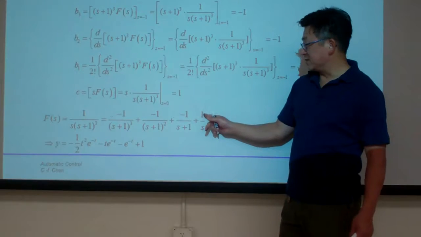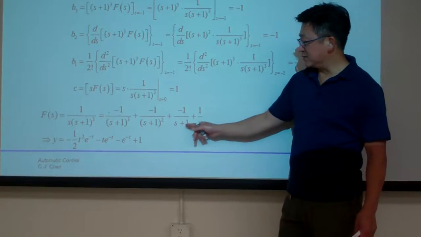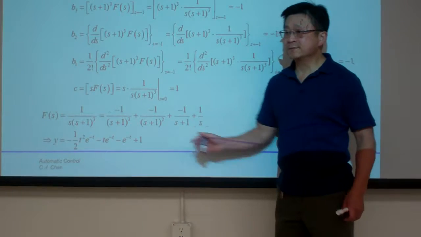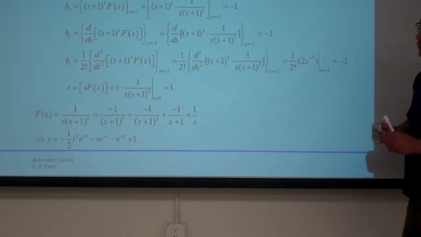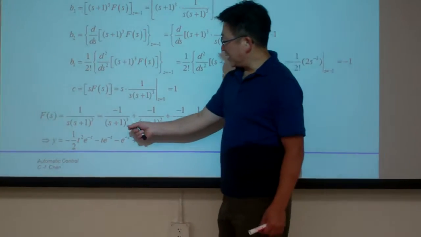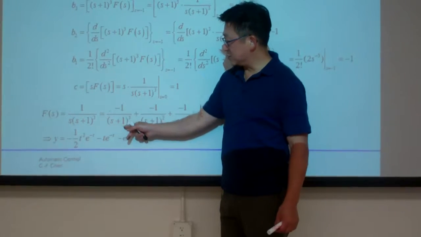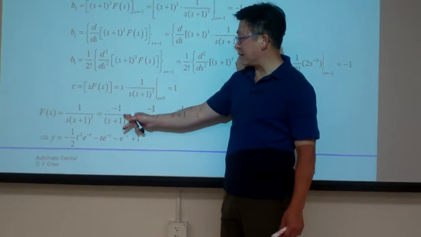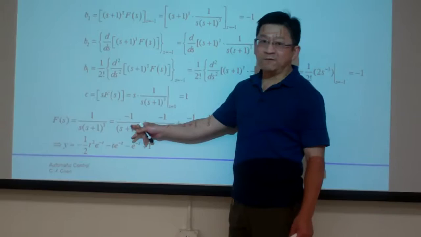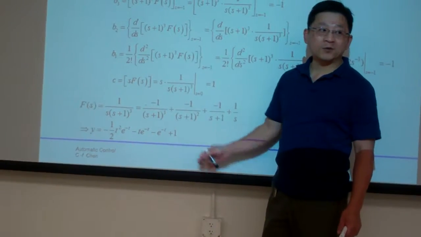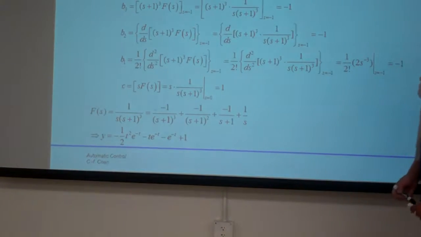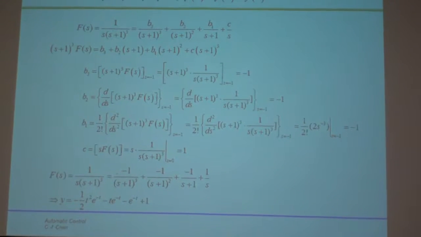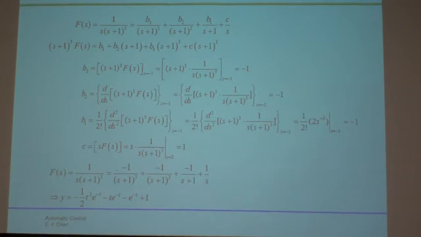And 1 over s, the Laplace inverse simply is a constant 1 here. So here, after we have those things, then the last step, and again, term by term, individually look up the tables. Hopefully you can find the correct terms and mapping into it.